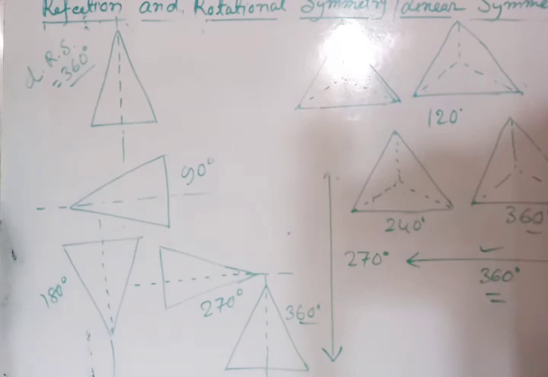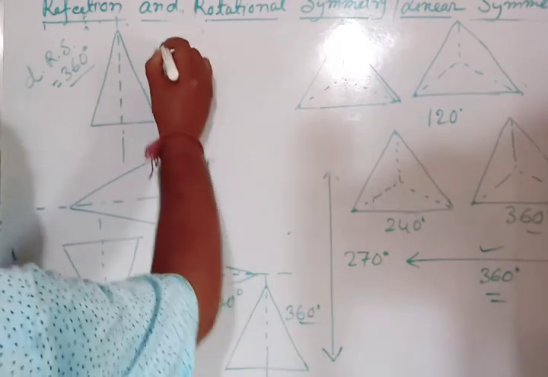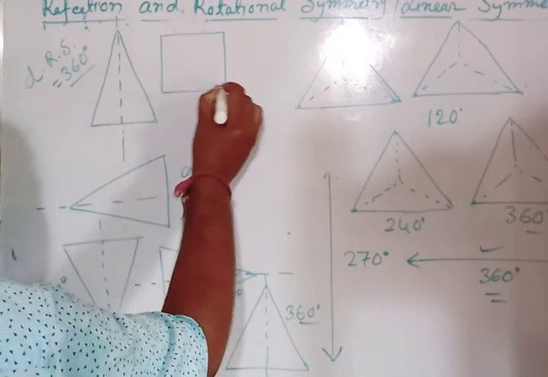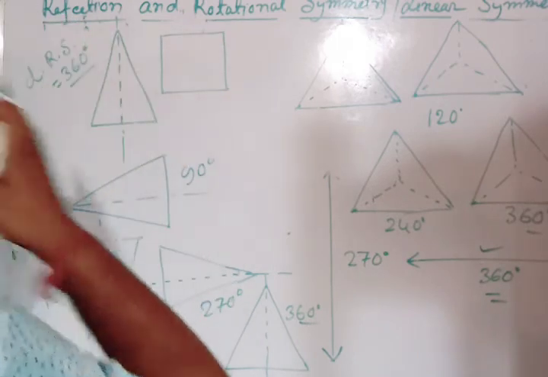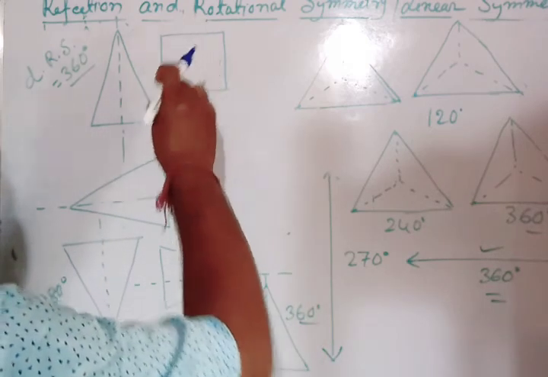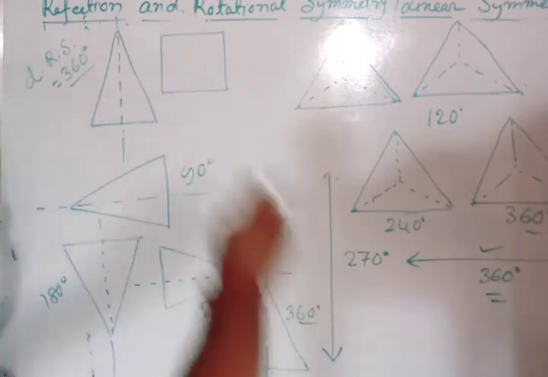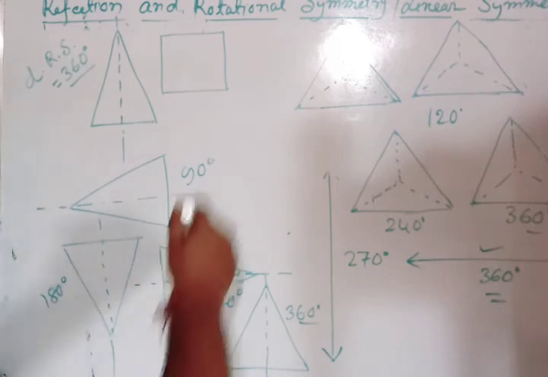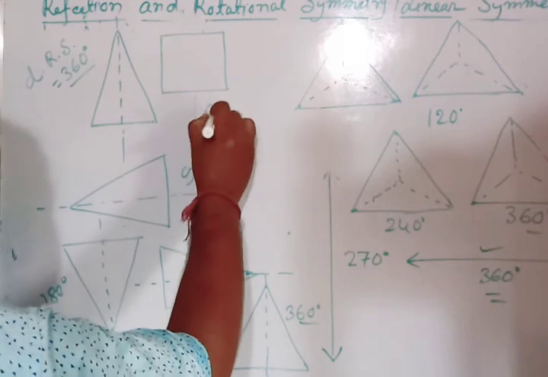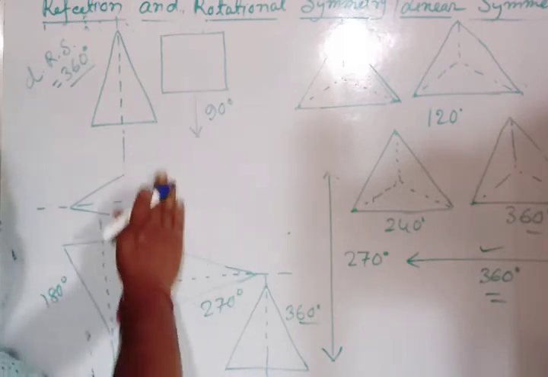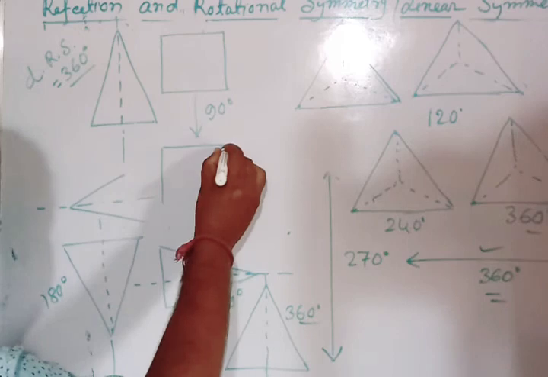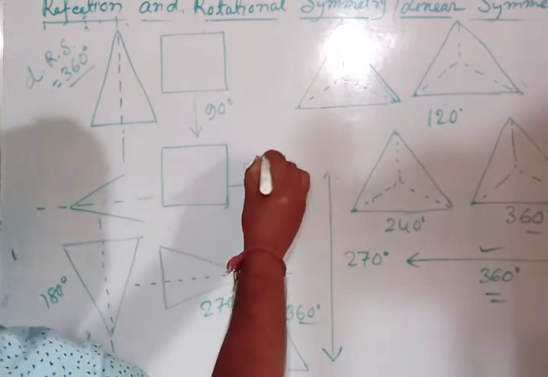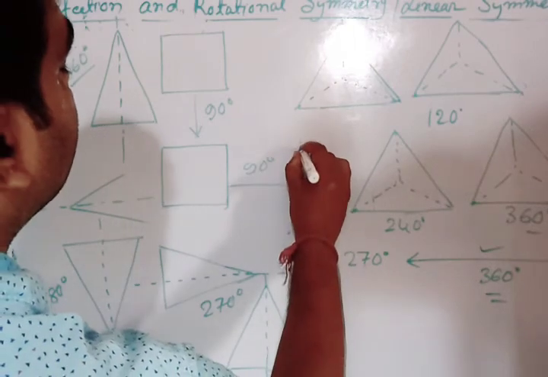Similarly, if we take one square, for the square, this is without rotation. Next, if we move this through 90 degree, we are getting the similar figure. Again by moving 90 degree, we are getting the similar square.